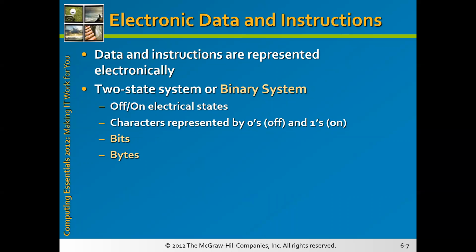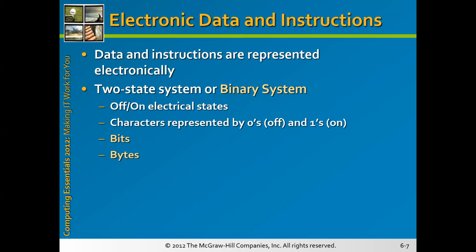Electronic data and instructions. Data and instructions are represented electronically. Our voices are analog, that is continuous signals. Computers only recognize digital, that means electrical on and off states. The binary system consists of 2 digits, zeros and ones.